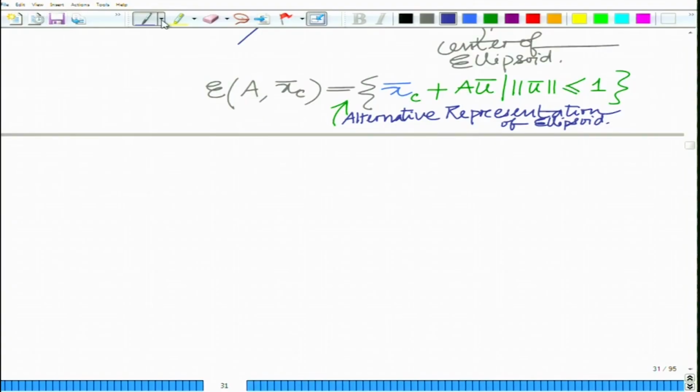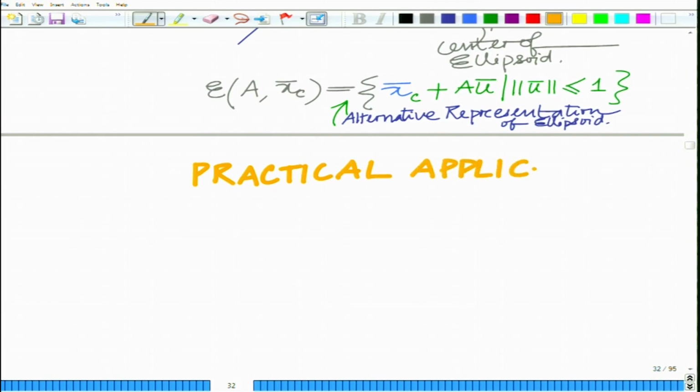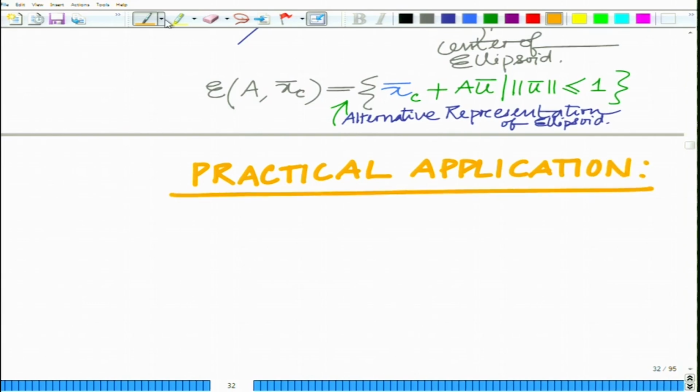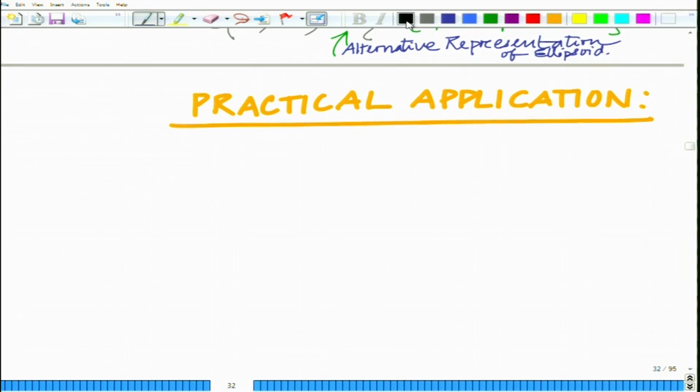Okay. Similar to the previous cases, let us look at a practical application of this. So, one of the aspects of this course is to also look at practical applications of these concepts. Okay.